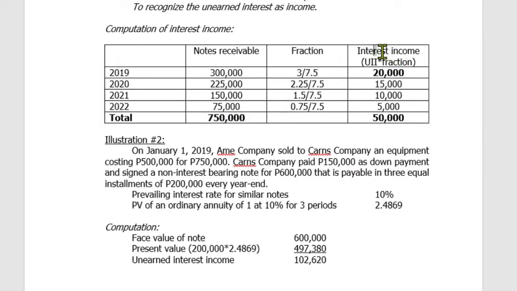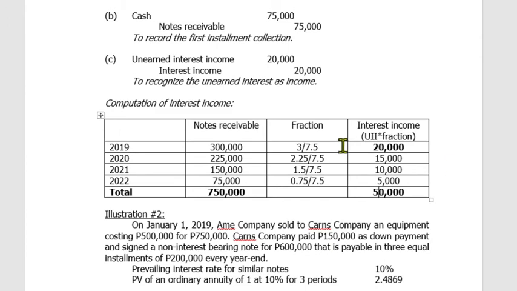Kaya ang sabi dito, the interest income. Kaya mapapansin mo, itong fraction na to, ito lang yon, yung 300 divided by 750. 150 divided by 750. So, ganun siya. So, ang interest income, ang kailangan mong makompute for the current year, 50,000 times 3 over 7.5 is 20,000. So, kaya yan nakabold dyan because that is the recognition of the earned income on the first year.